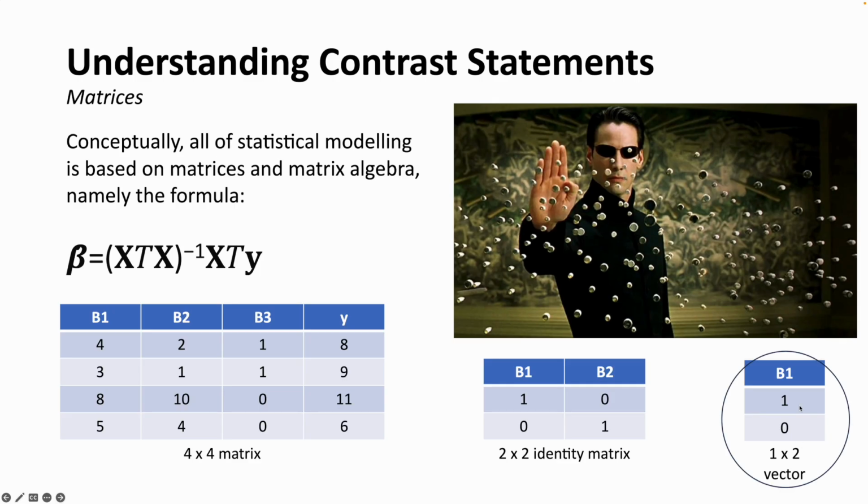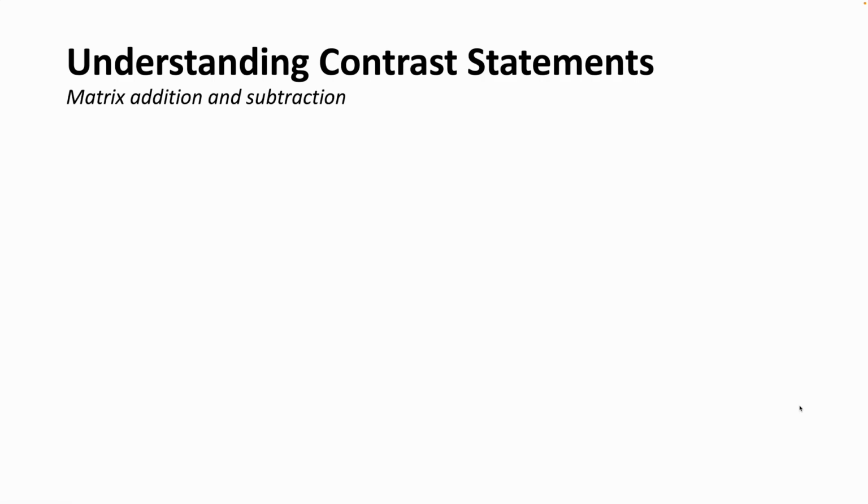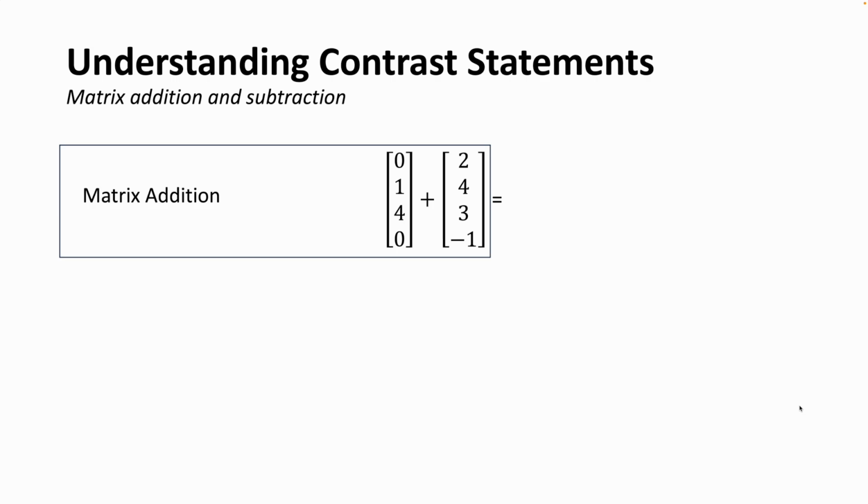And this is really what we're going to be using the most in terms of our contrast statements. In terms of understanding our matrix algebra, the primary things we're going to be working with are matrix addition and matrix subtraction. Matrix addition is an example where we combine two vectors into one. As you can see here, 0 plus 2 equals 2, 1 plus 4 equals 5, 4 plus 3 equals 7, and 0 plus negative 1 equals negative 1.